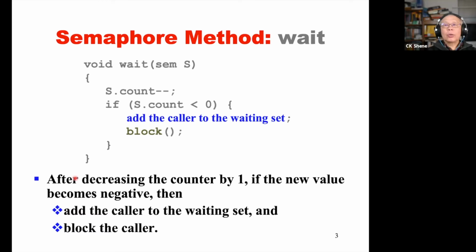When a thread calls the wait function, the first thing to do is subtract 1 from the counter. If the new value is less than 0, the caller will be blocked and put into the waiting set. Otherwise, the caller returns. In the second case, the caller is not blocked. It simply continues. And if the caller is blocked, it would be in the waiting set until it is released due to a signal call by some other thread.